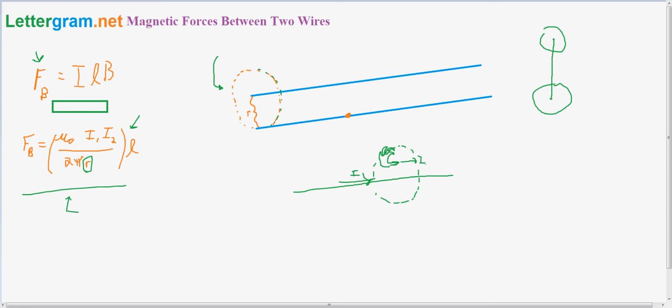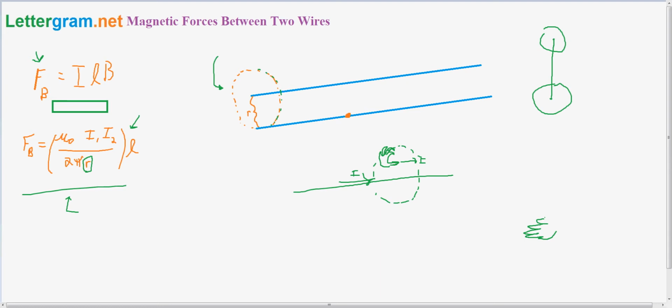This works the exact same if you're using that other rule I talked about, in which you have your fingers as the velocity, and then your thumb is the magnetic field, and your palm is the force.